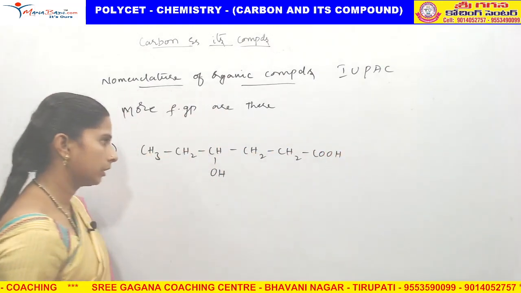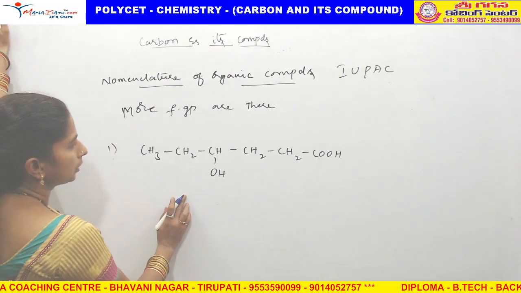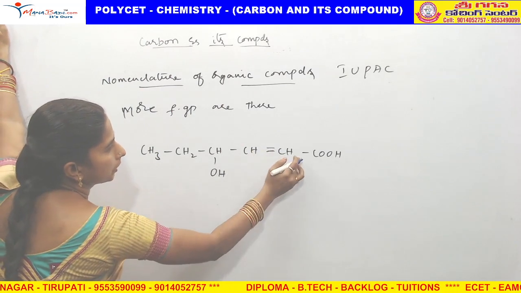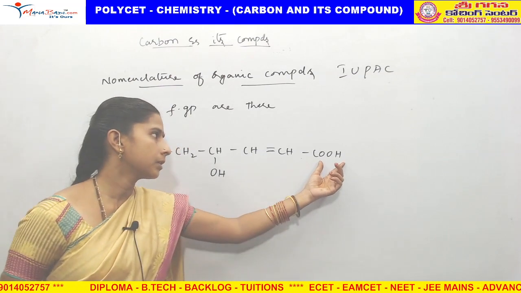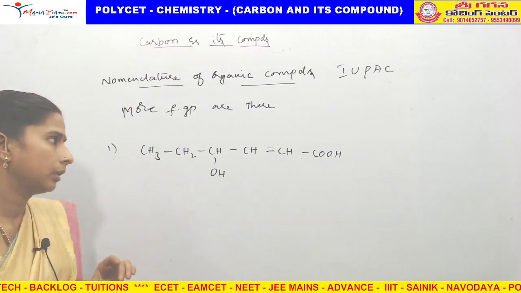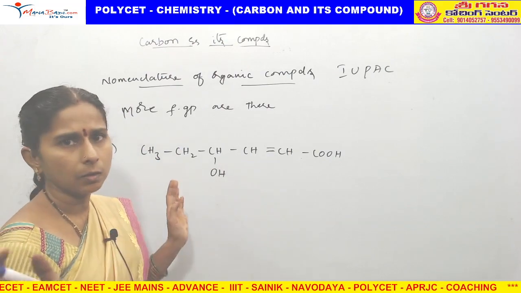Now tell me, what are the functional groups? What are the special characteristics in this? Here, carboxylic acid, a double bond and alcohol. 3 are there. Double bond means no problem, we can write as ene, that is not a matter.